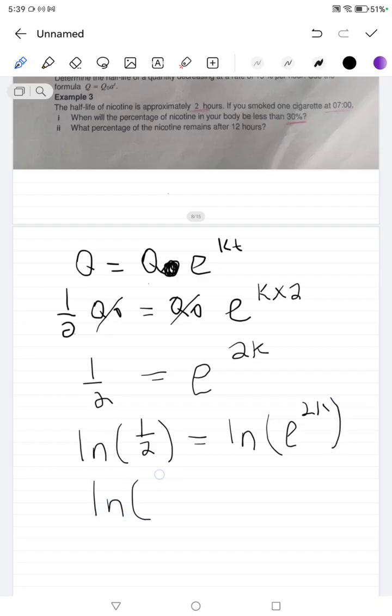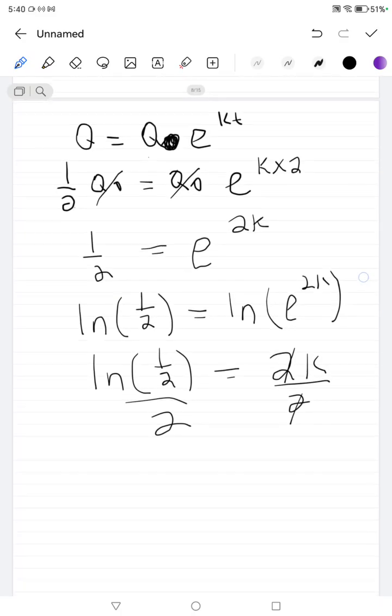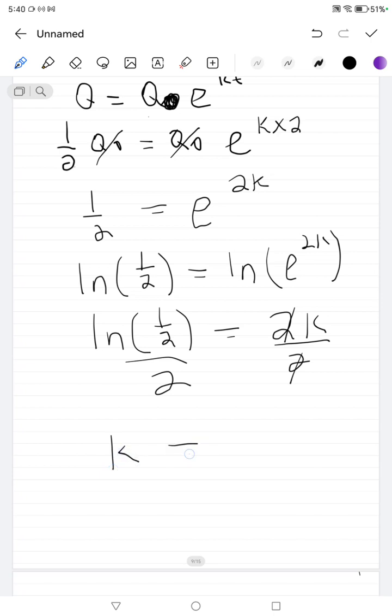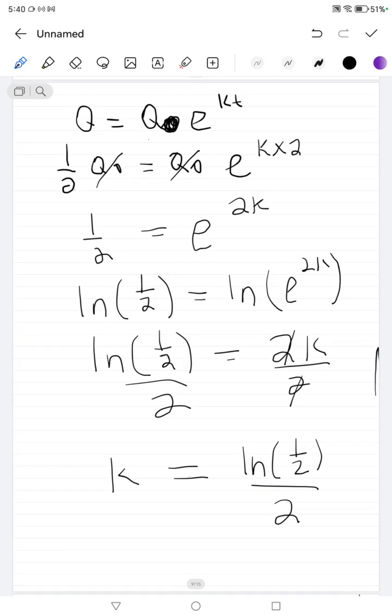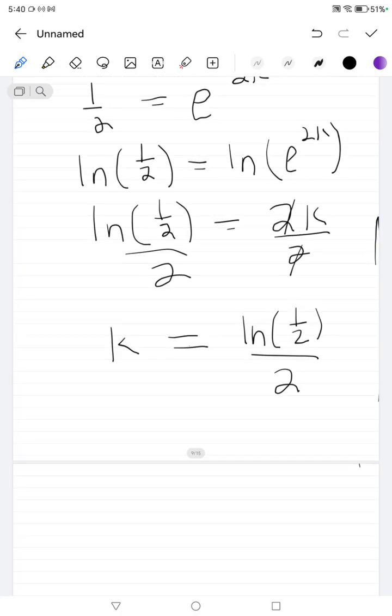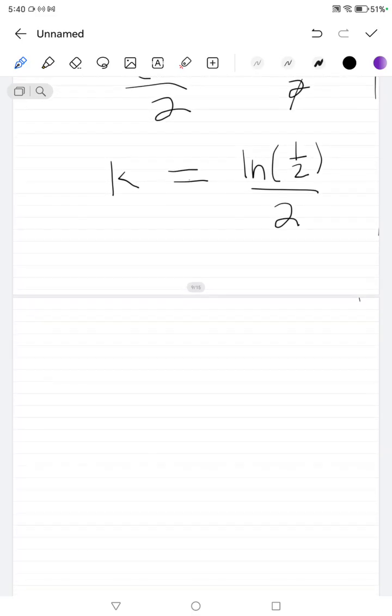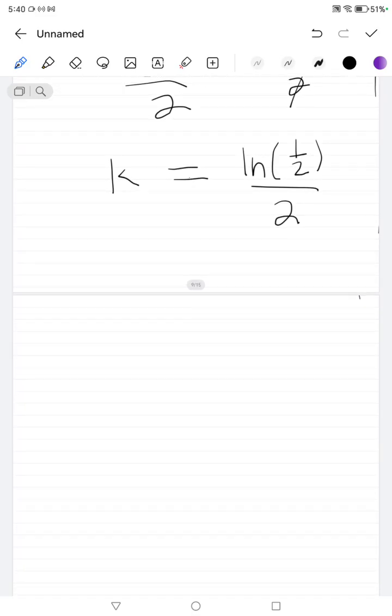So ln of 1 over 2 equals 2k. Then we divide by 2, and we see that k equals ln of 1 over 2 divided by 2. So far we've only done a smaller portion of the work. Now we can start attempting to answer the question.